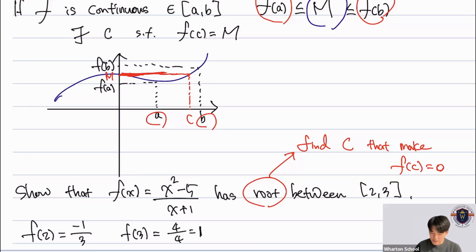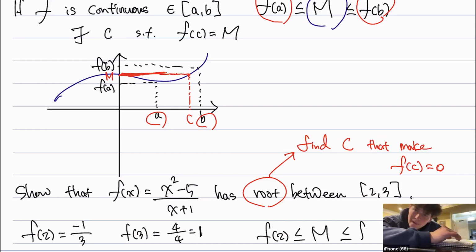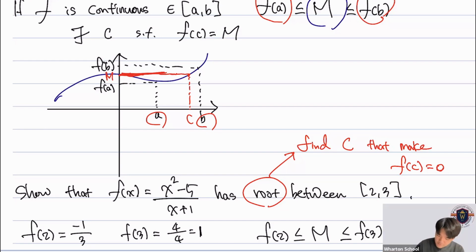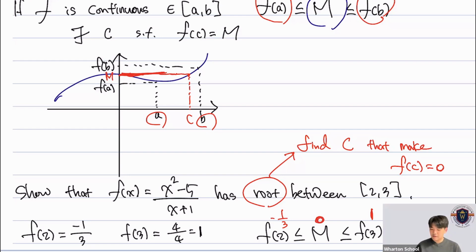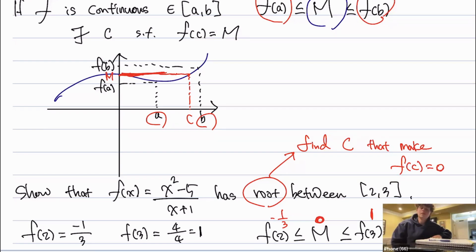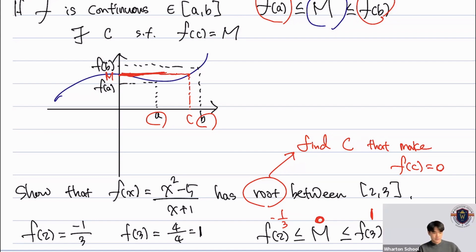So we know there is a number m in between f of 2 and f of 3, and 0 is in between. So there must be some value in this interval, because 0 is between negative 1 over 3 and 1. That makes sense. This is the typical IVT question.